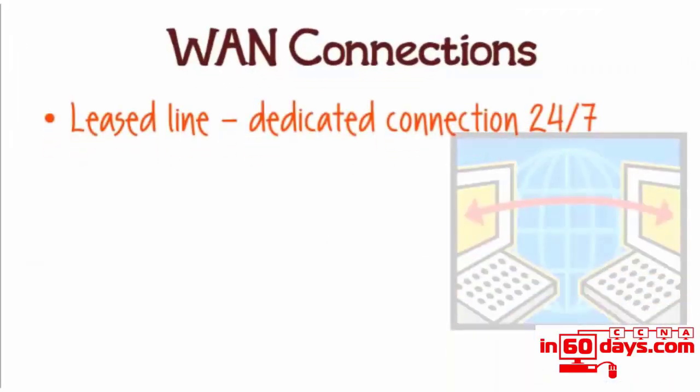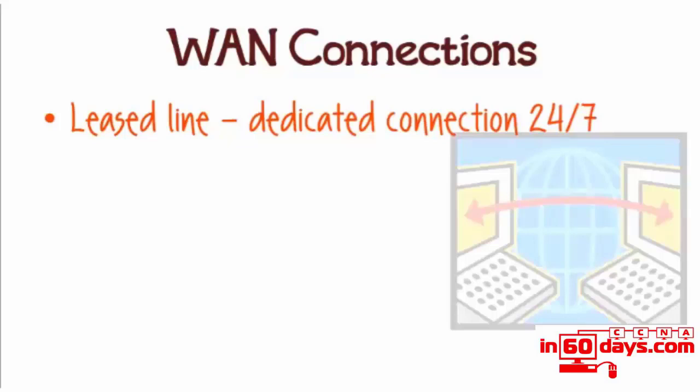So the sort of variety of connection you have is a leased line. You normally pay for a connection that's available 24/7, and it can just be used by your company. A lot of companies now have moved away, mainly because of the cost, from having a connection such as ISDN, which is only available as and when you need it, and you just pay for the time that you use it, but it just tends to be very expensive.